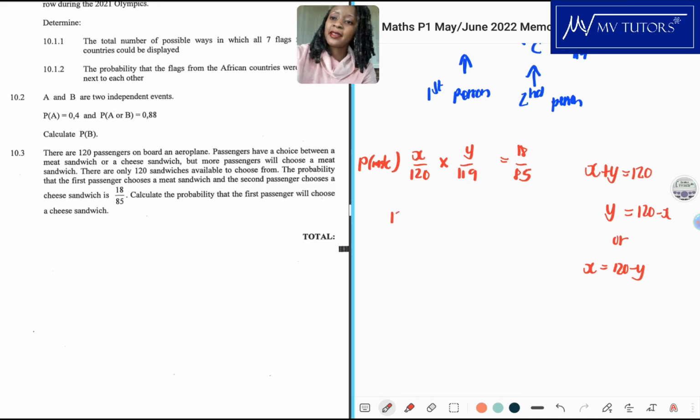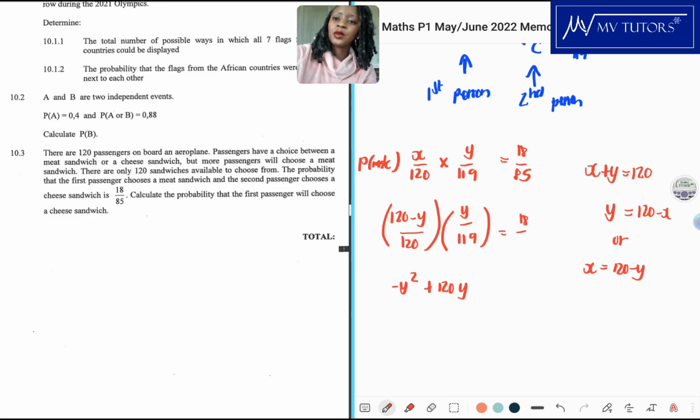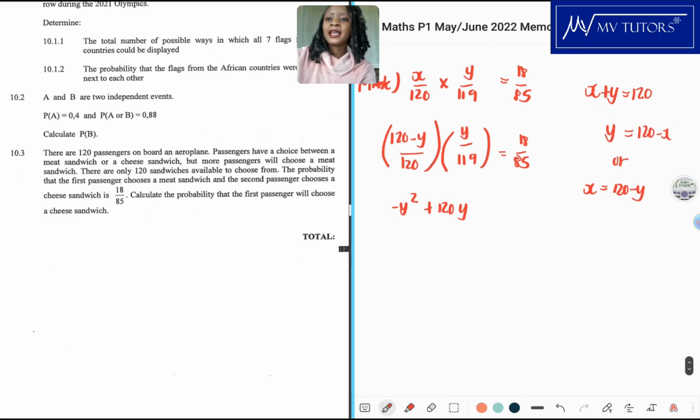I then have 120 minus Y over 120, and this I multiply with Y over 119. If I multiply this out, I have negative Y squared and positive 120Y, all equal to 18 over 85. In the denominator, I have 120 multiplied by 119.